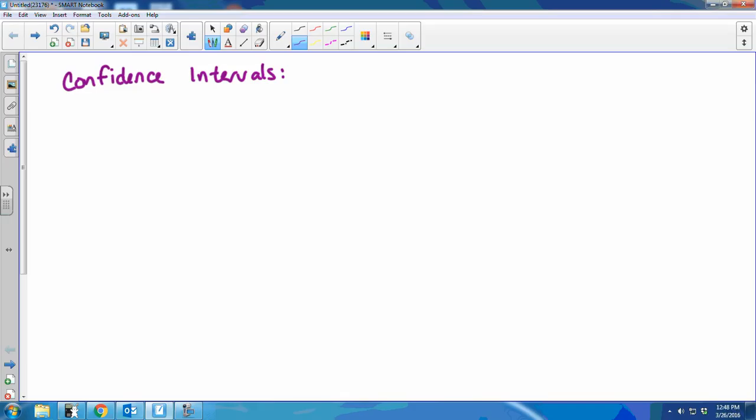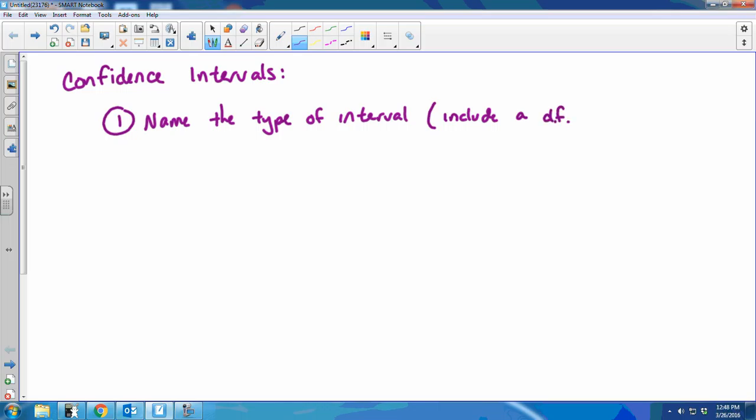All right, confidence intervals generally have 4 steps, right? You can do the first 2 steps in whatever order you want to, but generally 4 steps. So one is to name the type of interval. And you want to include a degree of freedom measure if there is one.